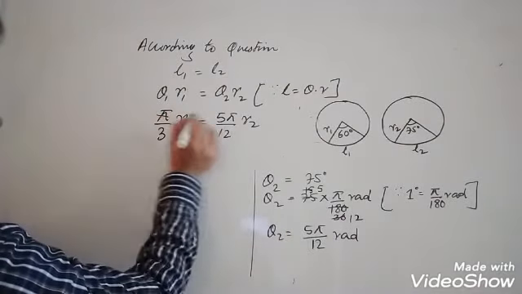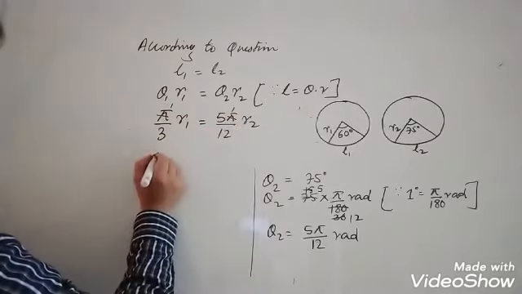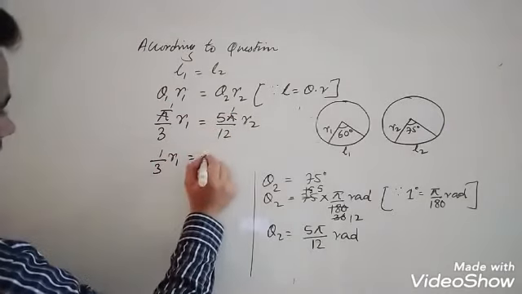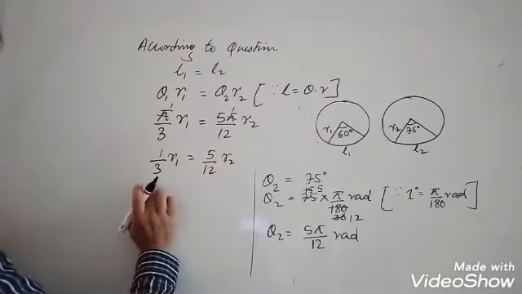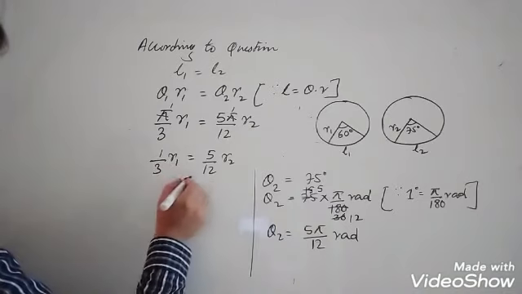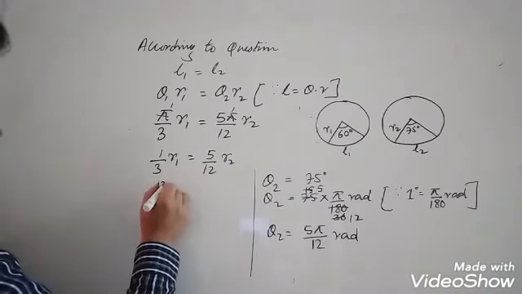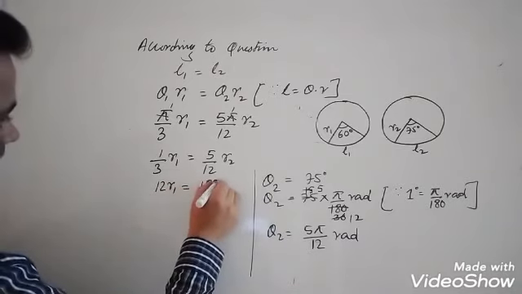We can cut pi. So 1 by 3 R1 equals 5 by 12 R2. Now cross multiply: 12 R1 equals 15 R2.